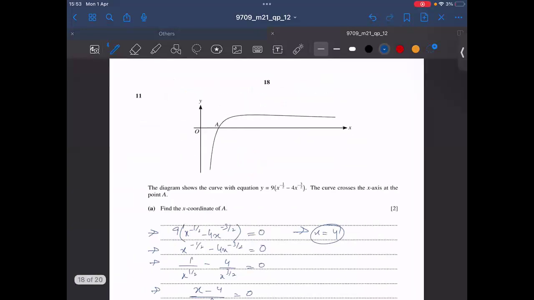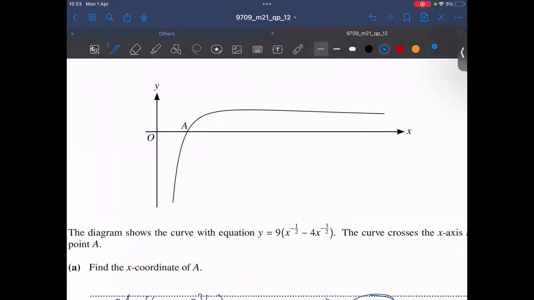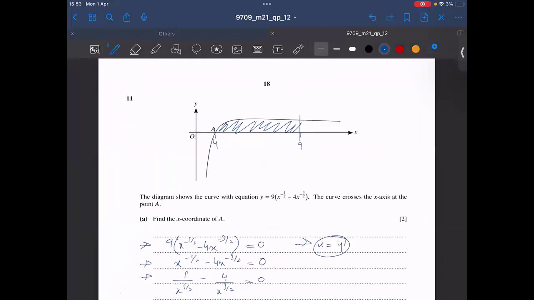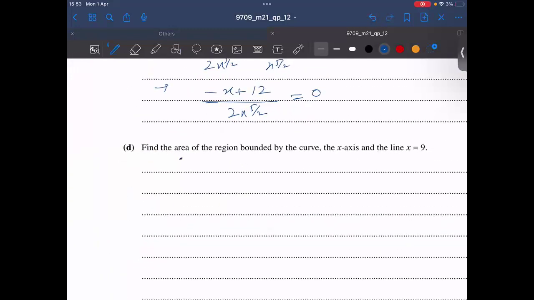Okay, then area of the region bounded by the curve, the x-axis and x equals 9. We kept dy over dx as 0 in part C, right? So we need to find out the area of this. Yes, in part C we have kept dy over dx. Area from 4 to 9. You just need to integrate the equation. All right.